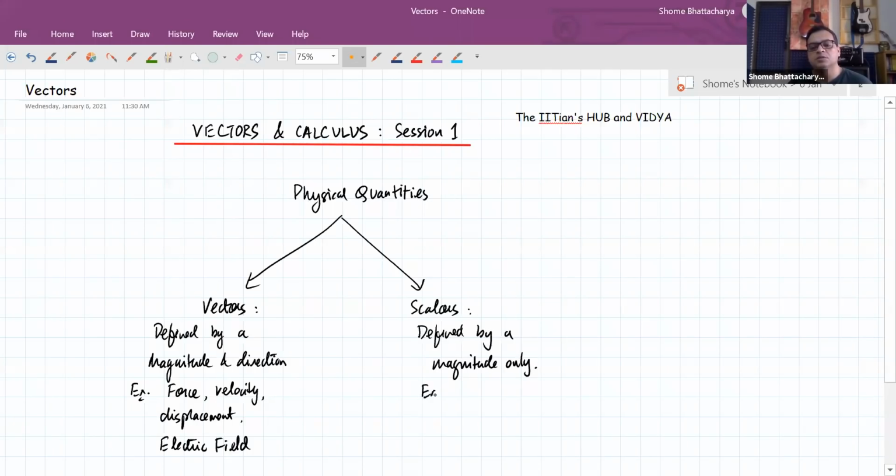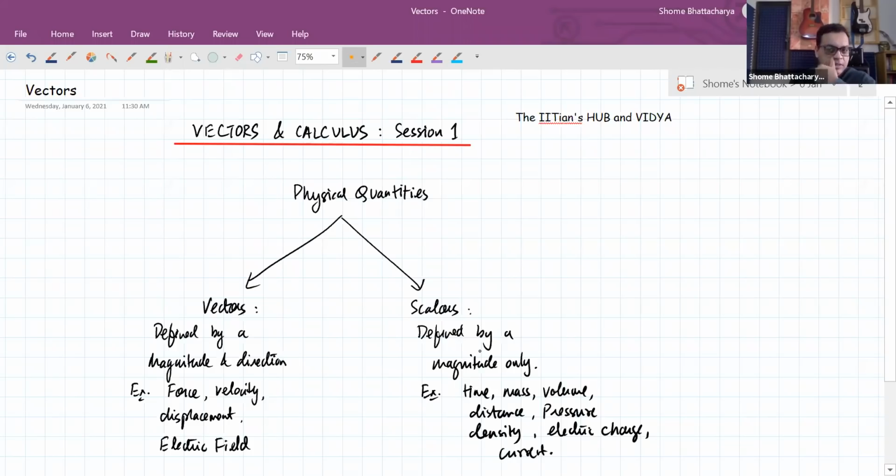And common examples of scalars being, for example, time, mass, volume, distance, pressure, density, electric current, and so on and so forth. Electric charge for that matter. So these are, roughly, the categorization of physical quantities into vectors and scalars.